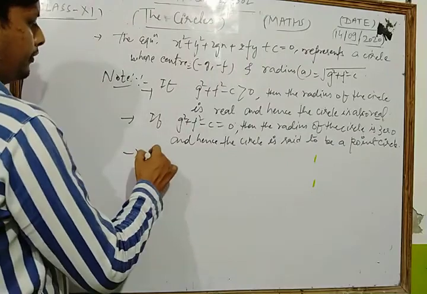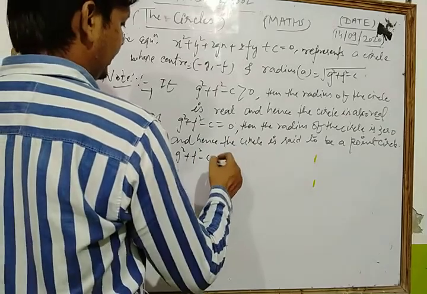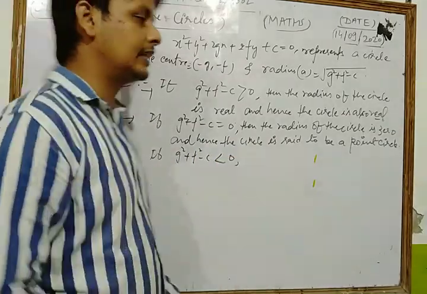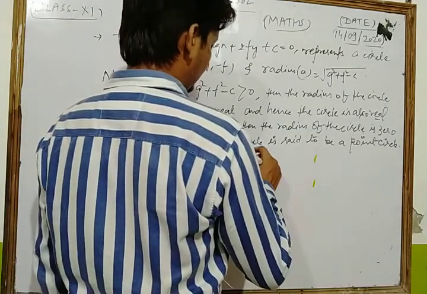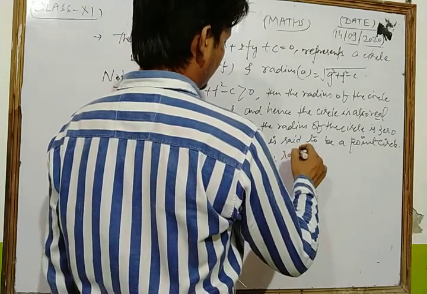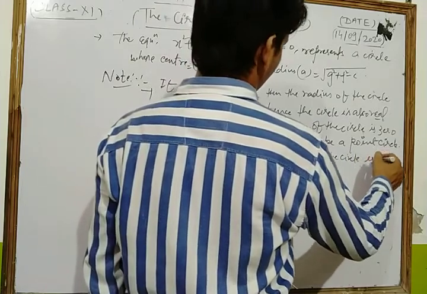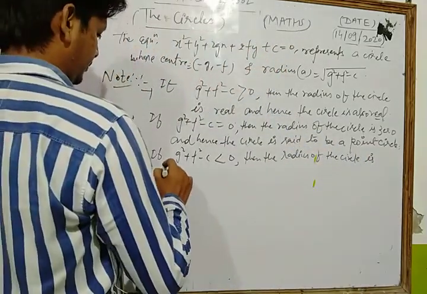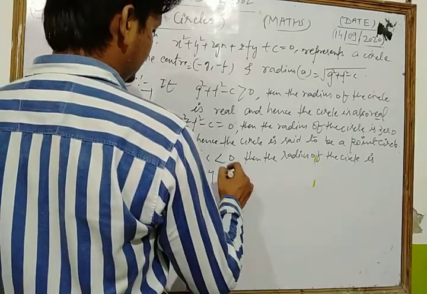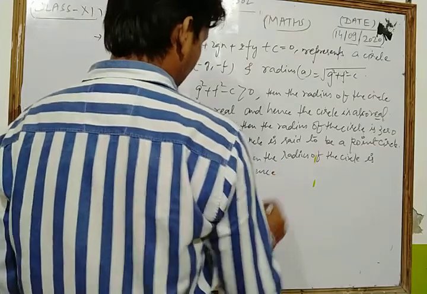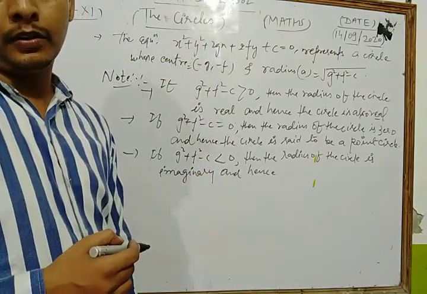Now if the value of g square plus f square minus c is less than 0, dear students, then the radius of the circle is imaginary, and hence the circle is also imaginary.